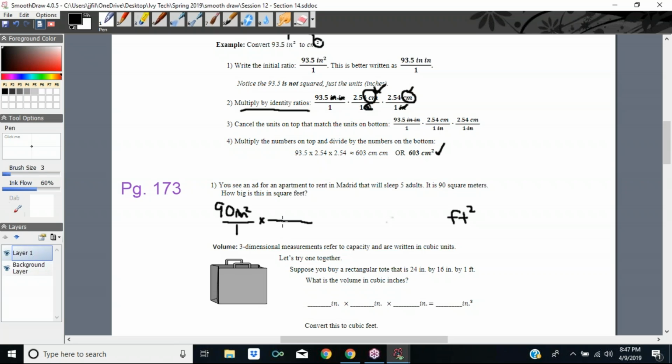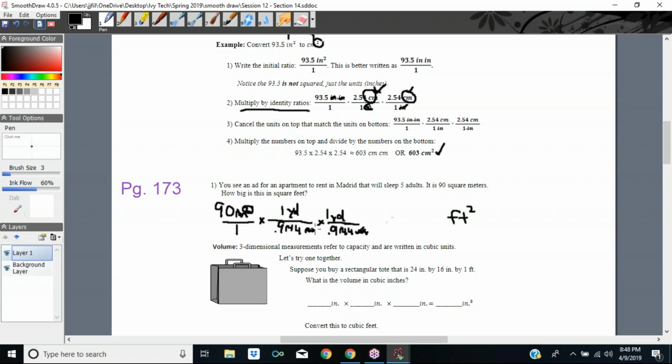We want the yard on the top because we want to get rid of meters. We're changing from the metric to the customary, and we're doing it through yards first. So 1 yard is 0.9144 meters. The problem here is we only got rid of one of the meters, so we have to do this twice. 1 yard, 0.9144 meters.